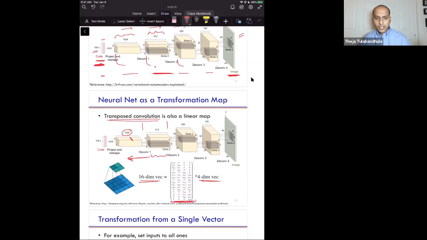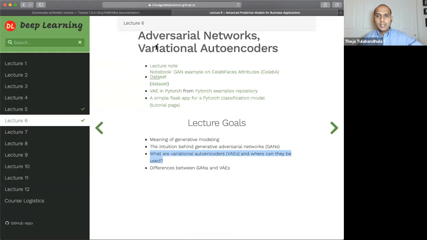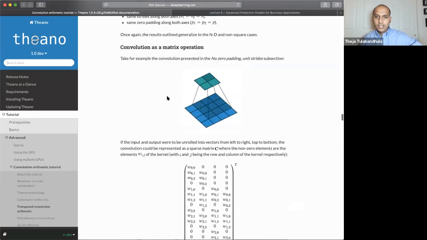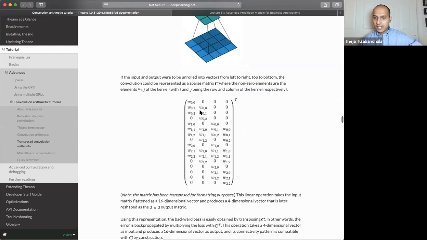If you look at, for example, the link at the bottom of that slide, it shows you that the conv operation itself is essentially a matrix multiplication with these matrix weights. You can see that the weights are repeated: W00, W00, W00, W00 are all repeated.